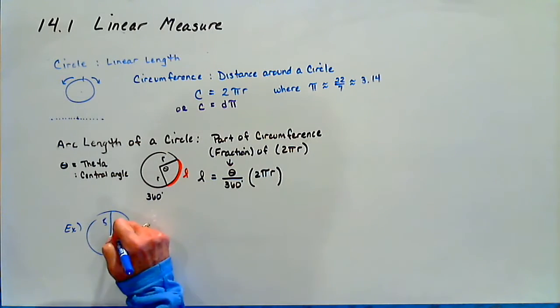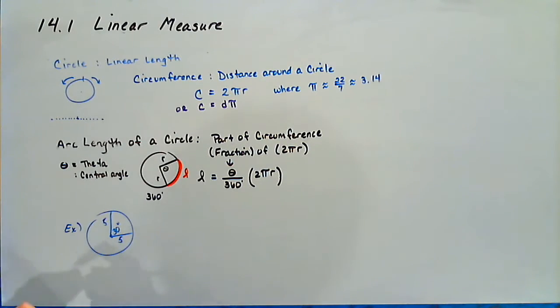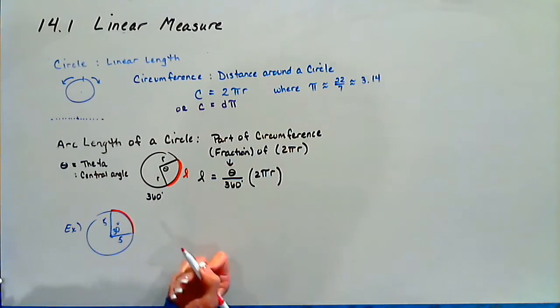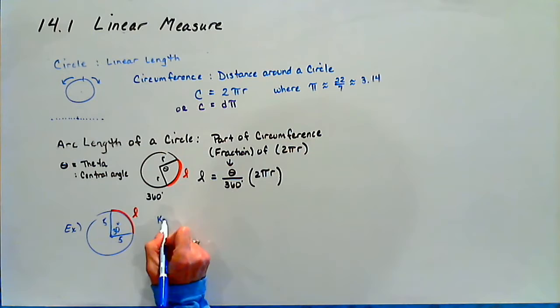I had to enlarge my angle so it's not accurate at all, but I wanted you to be able to see it's a 30-degree wedge. My question to you is, if I could take a measuring tape and stretch it along that arc, how long is the length of the arc?